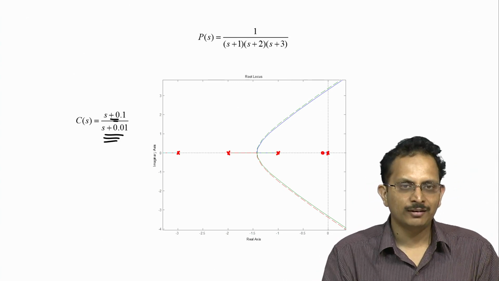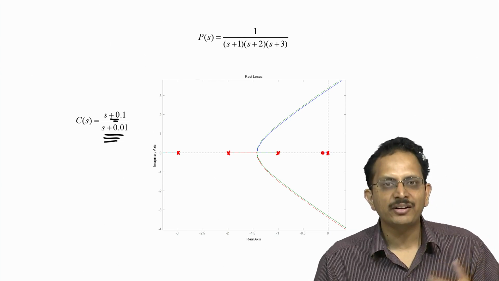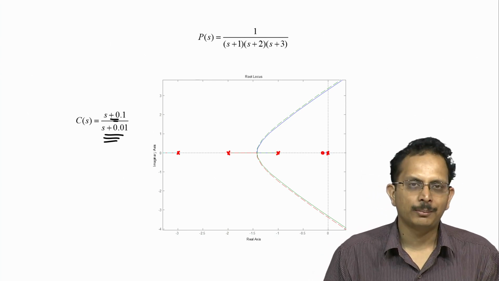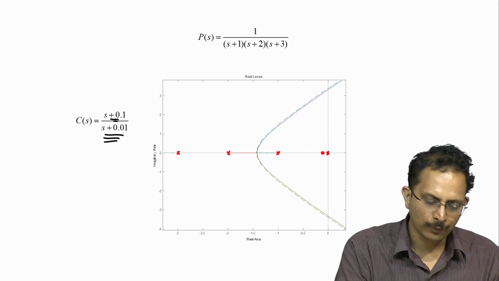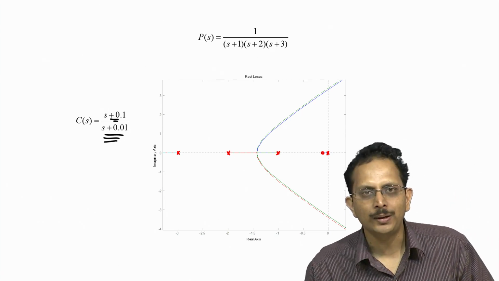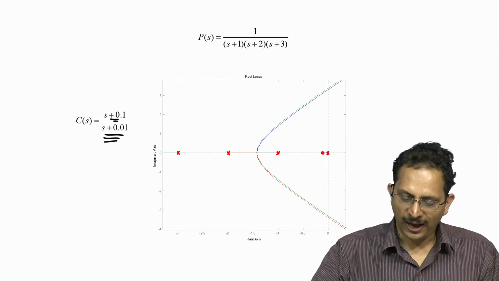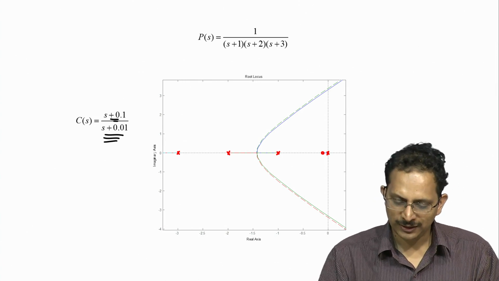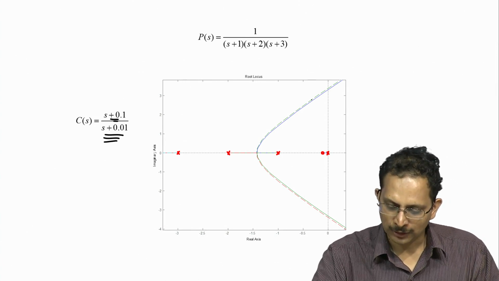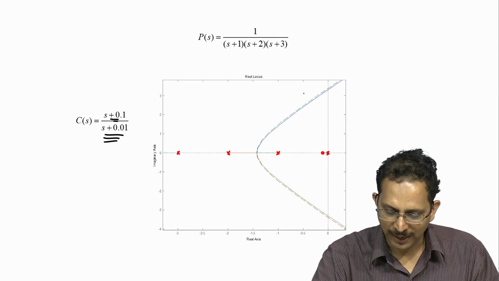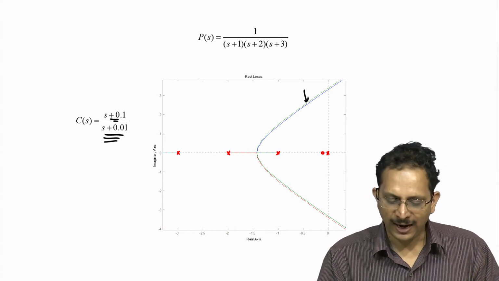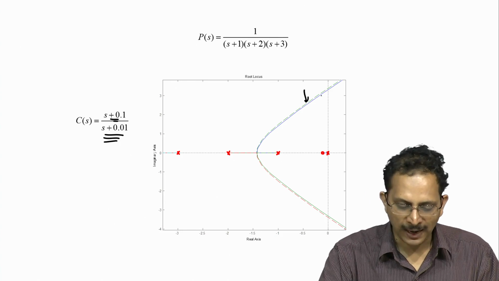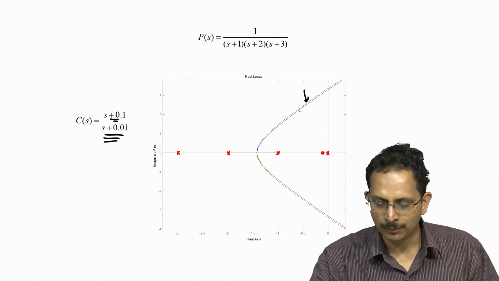So, the two together will result in an amplification in gain by a factor of 10 for frequencies below omega equal to 0.01 radian per second. As far as the root locus is concerned, what I have plotted here is the root locus of the original plant in the dashed curve and the root locus of the plant times this controller in the blue curve.